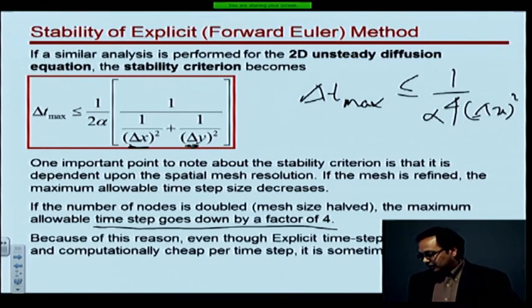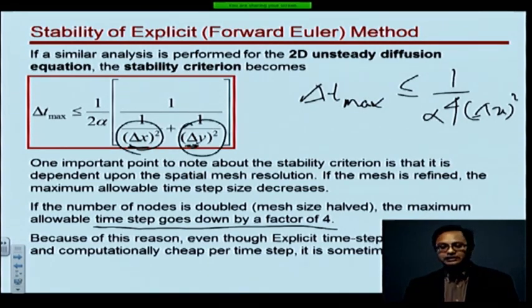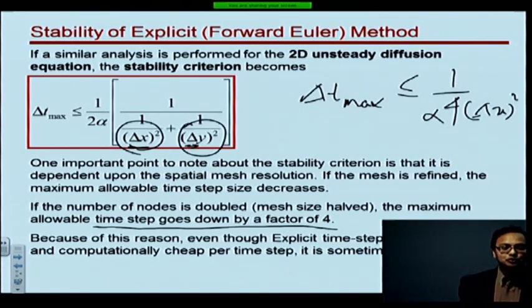So because of this, even though explicit time stepping is easy to use, computationally cheap, and cheap in terms of memory also, it is sometimes prohibitive to use. Now, one big problem with practical computations is that you are very rarely going to use equal delta x and delta y. Suppose you are doing a fluid flow computation, you'll have really tiny cells in your boundary layer, and that will coarsen out as you go out of the boundary layer.